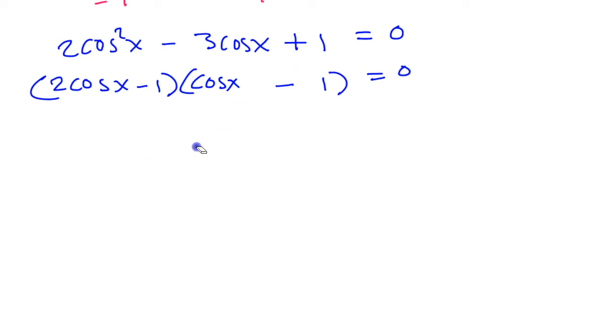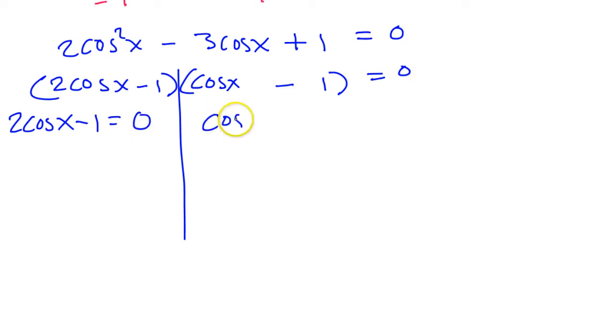So we have now factored the original trinomial. Now we can use the zero product property and set each of these factors equal to 0 to find the solutions. So I will have 2 cosine x minus 1 equals 0, and I will have cosine x minus 1 equals 0.